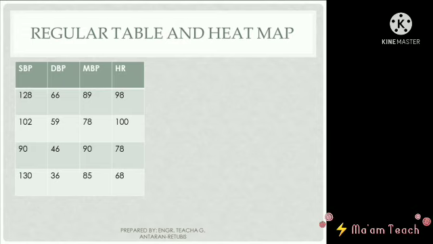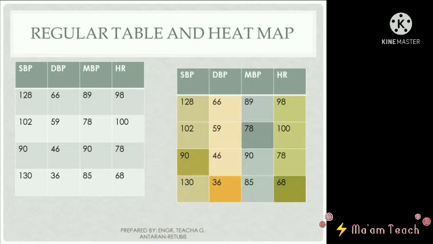But observe, class, this usage of a heat map. If you can observe, there are figures that are colored boldly, just like for example this 90, this 36, this 78, and 68.